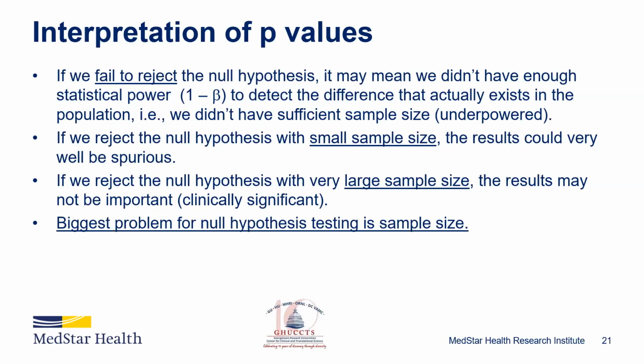One of the sessions we'll have later on is how do we figure out the sample size? In other words, how many subjects or how many patients do we need to find the difference that we think is important?